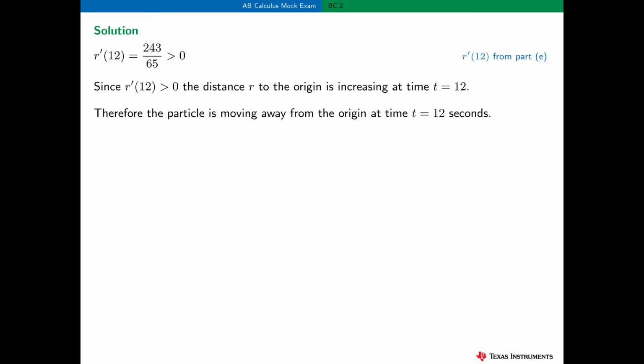Therefore, to answer this question, we simply need to consider the sign of r prime of 12. Well, from part E, r prime of 12 is equal to 243 divided by 65. Since this value is greater than 0, the distance to the origin is increasing at time t equal 12. And therefore, the particle is moving away from the origin at time t equal 12.